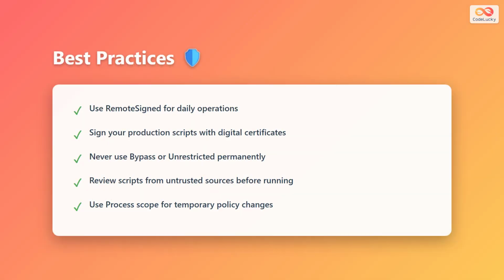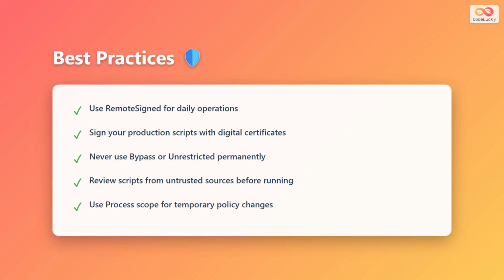Let's wrap up with some best practices for managing execution policies safely. First, use RemoteSigned for your daily operations. This provides a good balance between security and functionality, allowing your own scripts to run while requiring downloaded scripts to be signed. Second, sign your production scripts with digital certificates, especially if you're distributing them to others or using them in enterprise environments. Third, never use Bypass or Unrestricted policies permanently.